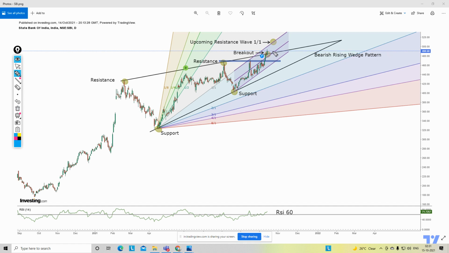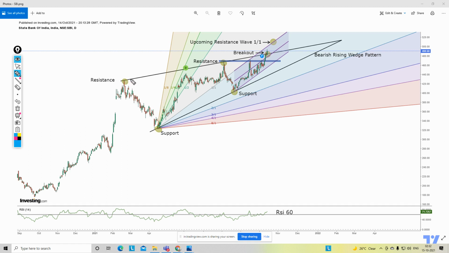So this breakout, which is eclipsed also, has come out of a current developing, or you can say current completed, bearish rising wedge pattern. Now there are a couple of things which we have to look into, in the past, present, and future.